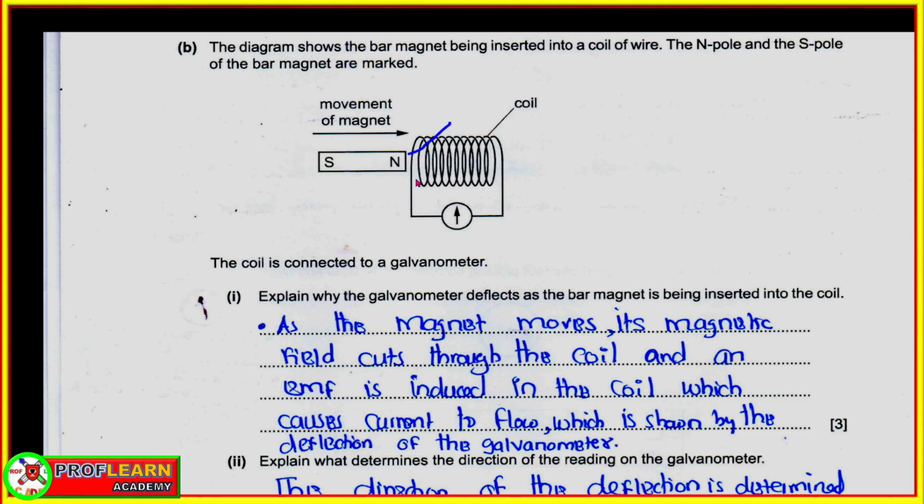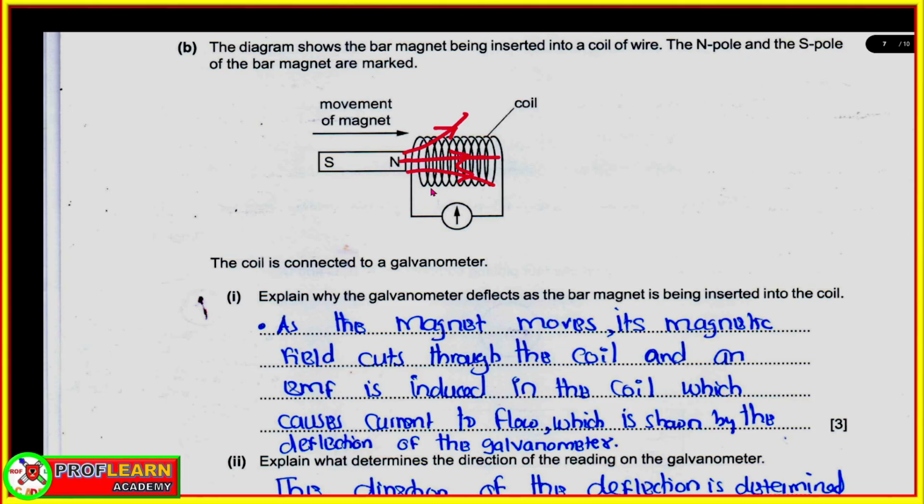Let me show you. So we have the magnetic fields here. The magnetic fields are pointing like that, pointing away from the north. So when this particular magnet is pulled in and out, these magnetic fields are going to cut through the coil.